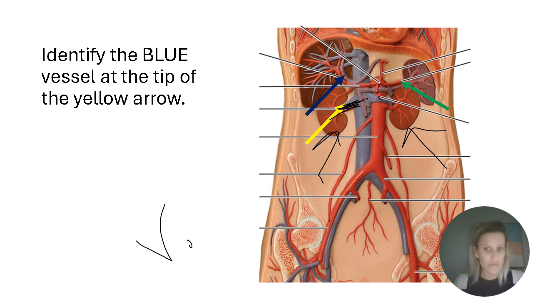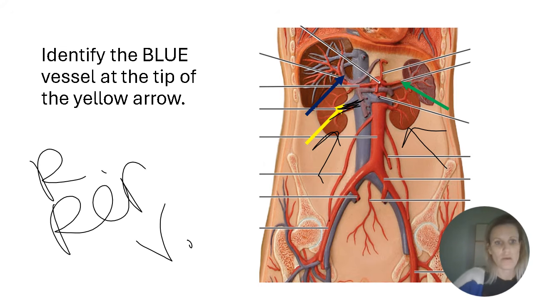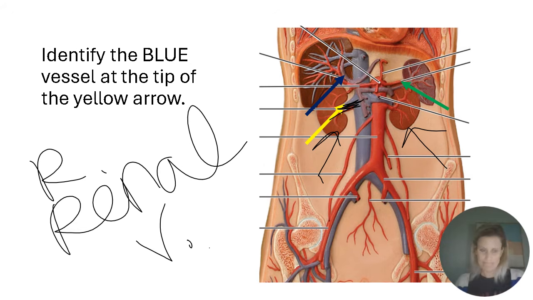And because there's two of them, that means there is a left and right, right? Most of the abdominal organs, there's not a left and right for. Like the splenic artery, the hepatic artery, but for the kidneys there is. So that's on the right side. So right renal vein.